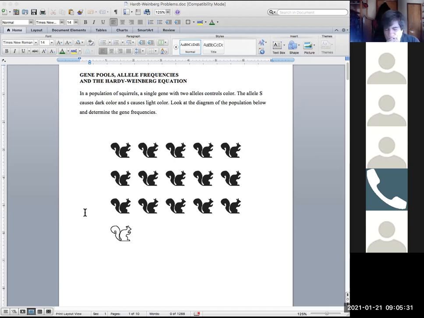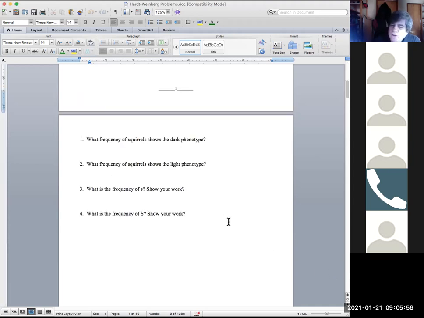So for the recessive allele, in this case, we have 1 individual that shows the recessive phenotype. 1 out of 16 squirrels is light colored. So that's going to be our starting point in this problem. And our starting point is always going to be, what frequency of individuals show the recessive phenotype.